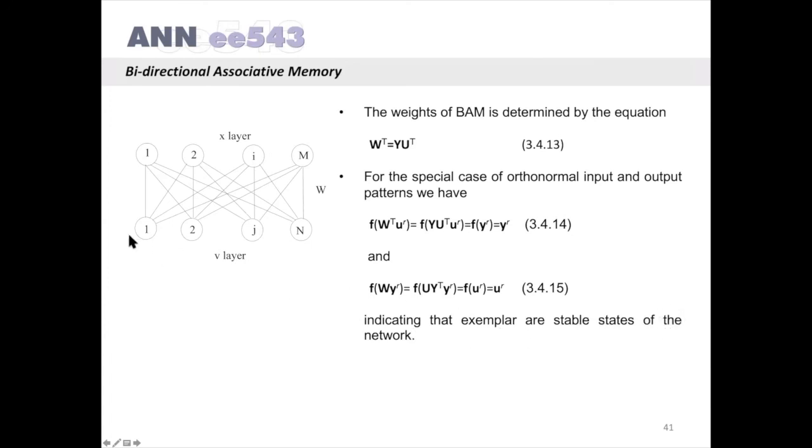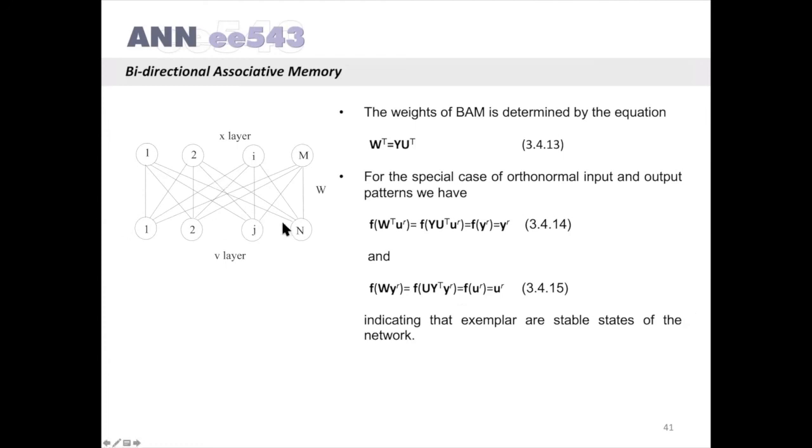And similarly, if we apply any YR pattern here, then at once we will obtain UR in this layer. In return, we will obtain YR here. So this is the stable state of the network.